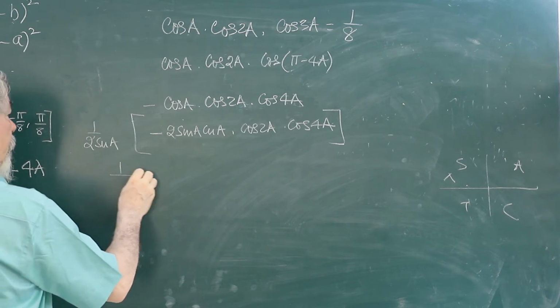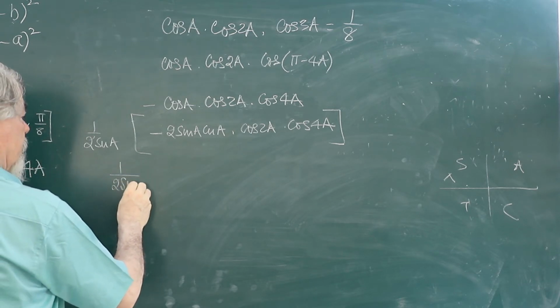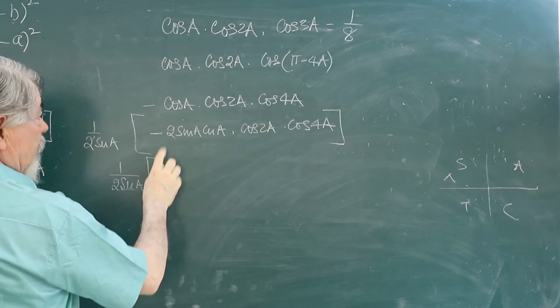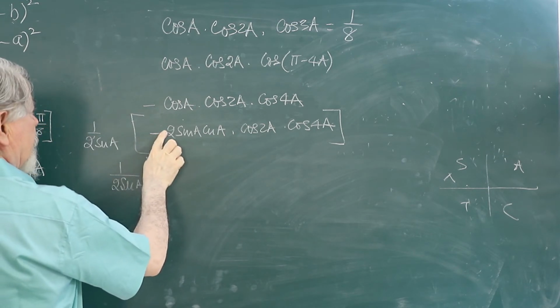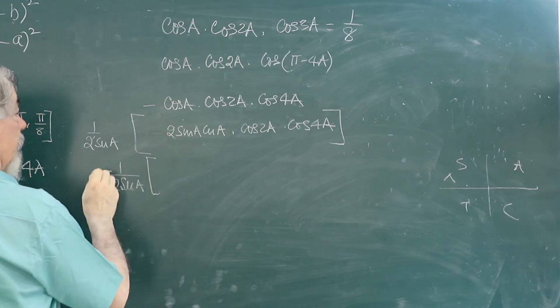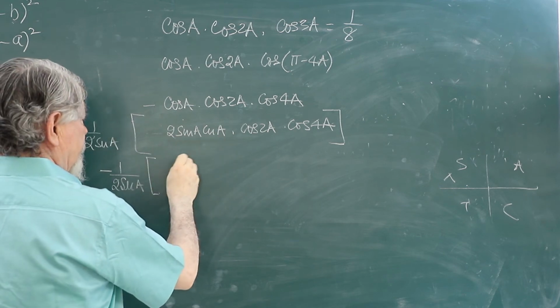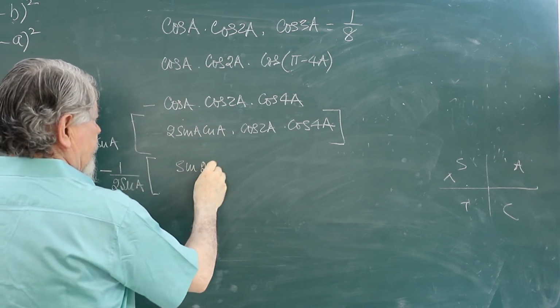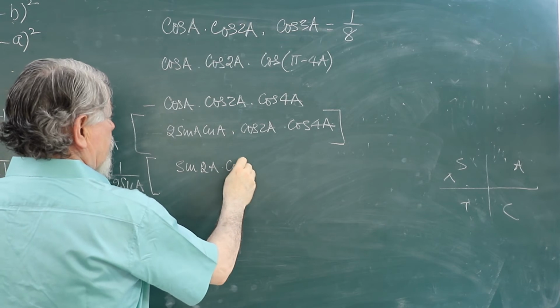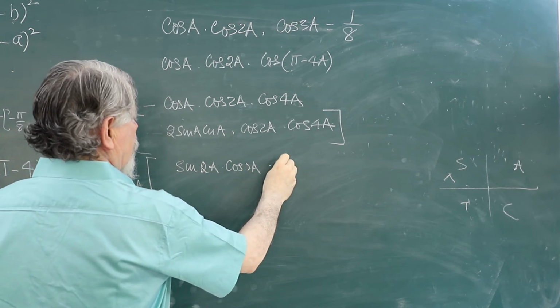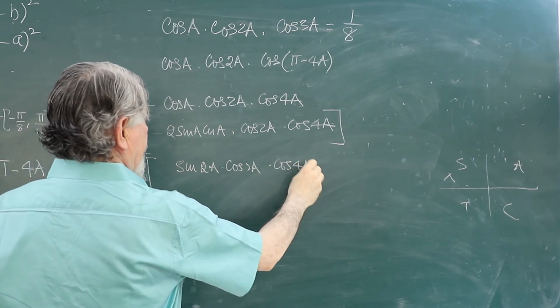So it is 1 upon 2 sin A, and what will be left? Minus we will take out common. 2 sin A cos A will become sin 2A, cos 2A, and cos 4A.